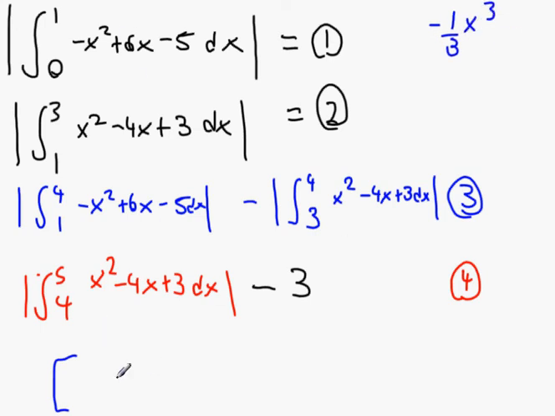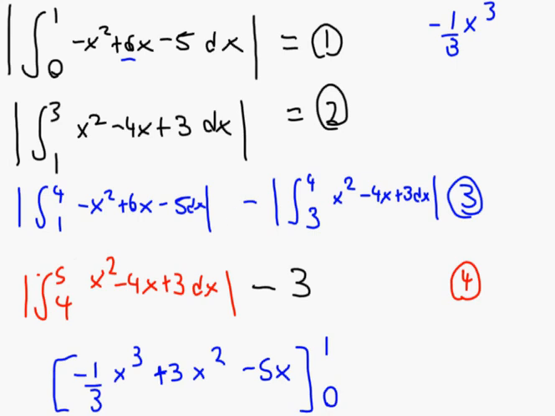Add 1 onto the power, divide by the new power. That's it. X squared, add 1 on, divide by the new power. So minus 5x. Okay. That's the integral of the first one.